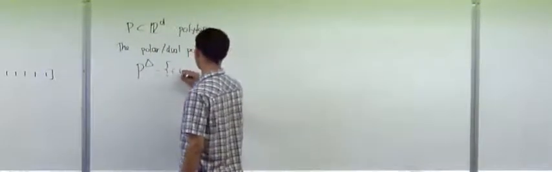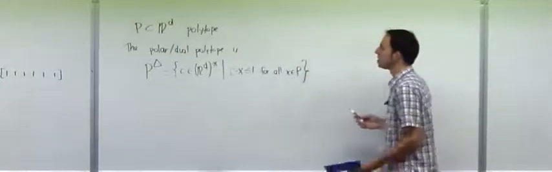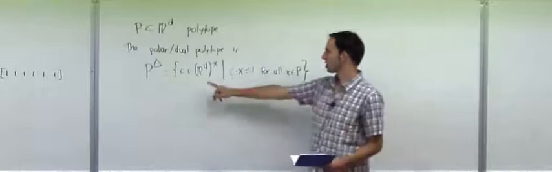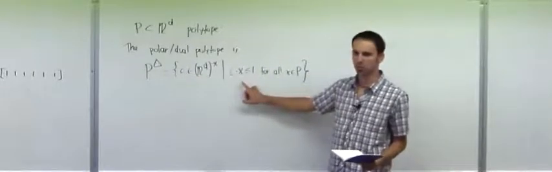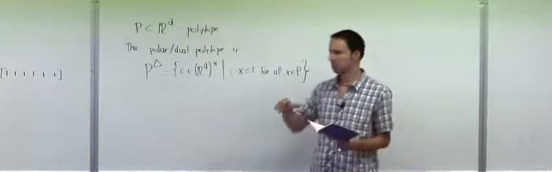And it consists of the points, the vectors, such that their dot product with any point in the polytope is less than or equal to 1.